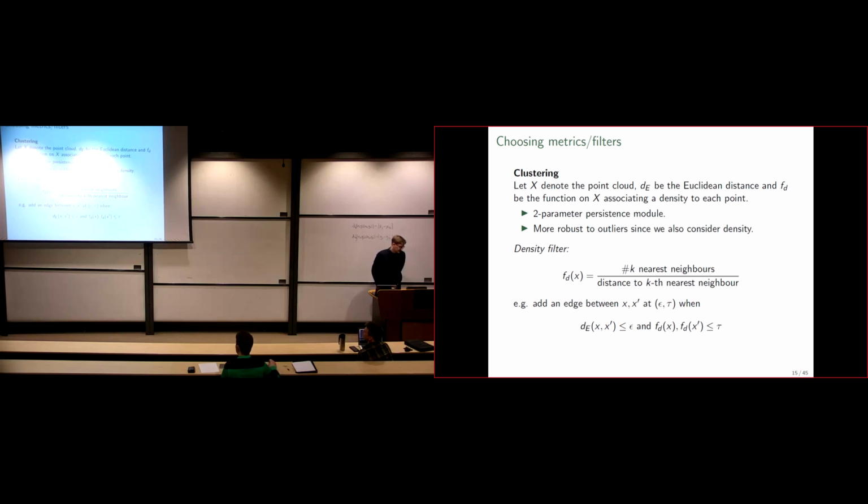And in this case, you would add an edge between two points when the Euclidean distance is less than epsilon, and the densities of these two points are both less than or equal to tau. So this is how you would use this.